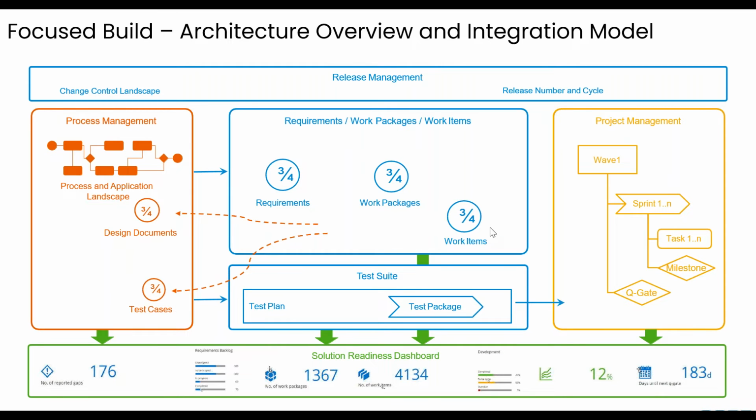In addition to that, work items would be the lowest level of deliverables for a specific team. In this case, it could be anywhere from tasks, issues, development objects, or configuration that the team will deliver. Now, the way this all ties together is that at any given time, when we have these 3 items during the project, we could always generate, for example, a specific test plan for these when we get to that stage.